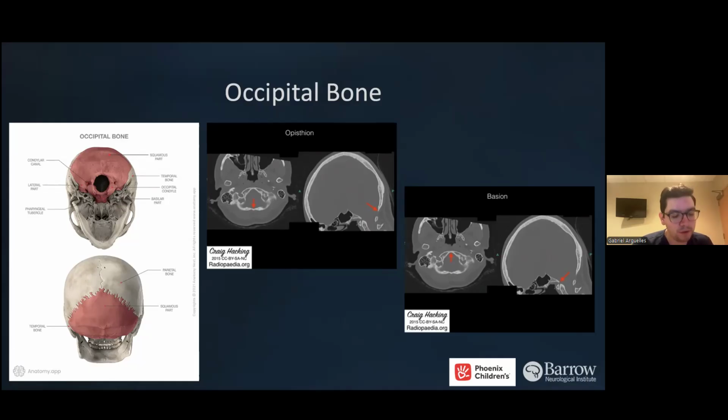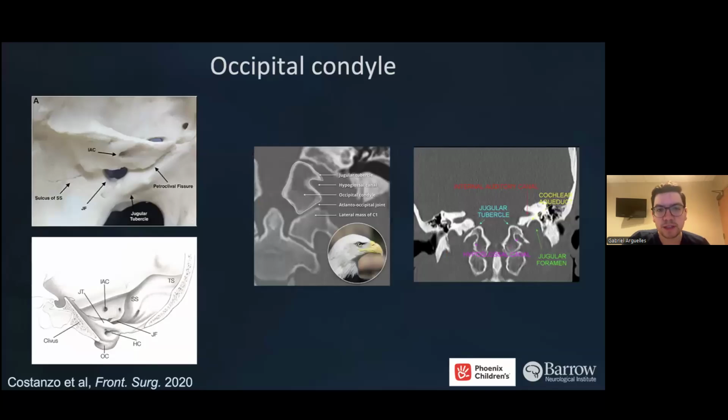And on the left, you can see a bottom-up view of the occipital bone, which gives us a preview of other parts we'll discuss on the second slide. You can see the occipital condyles coming into view there, as well as the condylar canal and some different bony protuberances that are given names, not all of which we'll discuss in detail today. But here on the second slide, we'll round out our discussion of the occipital bone.